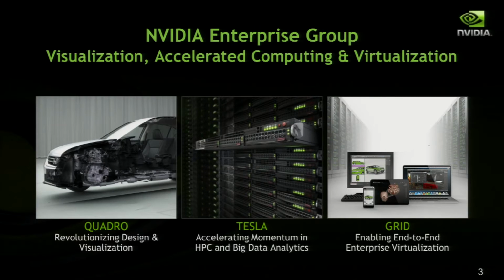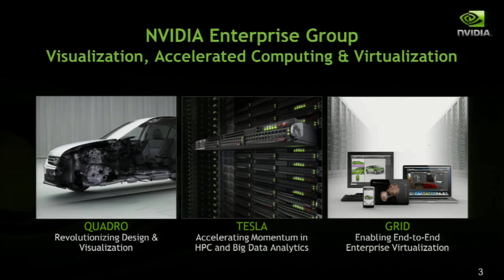So NVIDIA GPUs have been increasingly used in enterprise computing. Many of you already know our Quadro solution to accelerate graphics applications such as CAD and rendering. But the same graphics technology that does really good things with graphics can now be used to accelerate computing, which is basically offered through our Tesla product line.